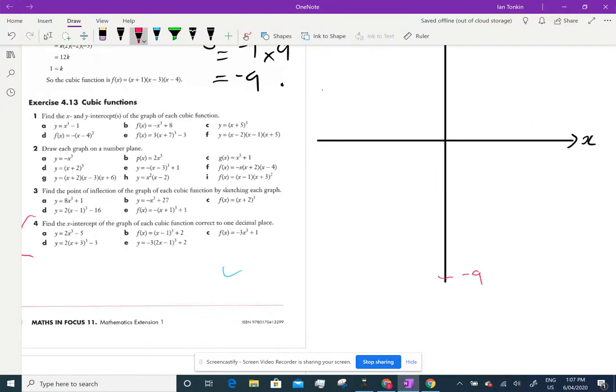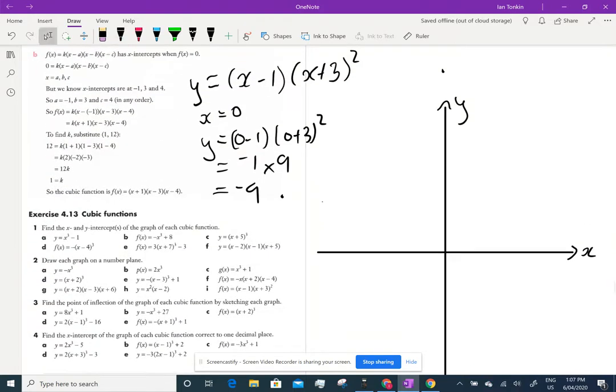I'm not going to draw it to scale. Now, when y equals 0, I get 0 equals x minus 1, x plus 3 squared, which means x equals 1 or x equals negative 3.